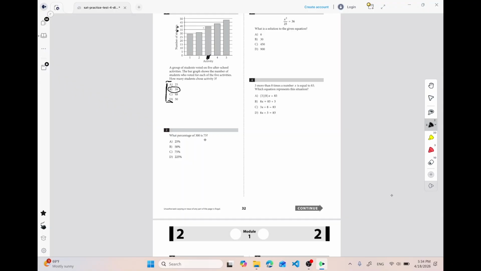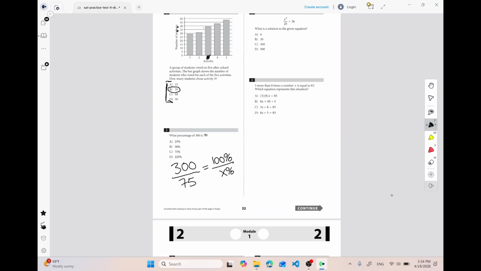So for this one, it's going to be 300 on top divided by 75. And we're going to set that equal to 100% divided by x%. The 300 is the numerator on the left fraction and 100% is the numerator in the right fraction because that's the total.